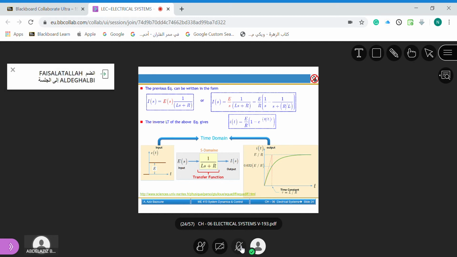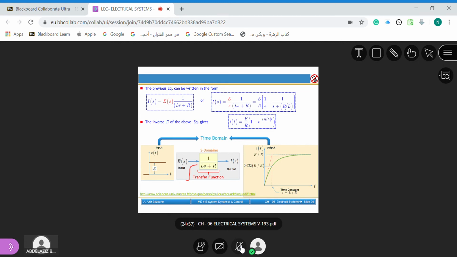So we should see this in the characteristic polynomial, inductor and resistor, L and R. Some students get confused and put I or V inside the transfer function. No, never. The transfer function contains only physical quantities, for example, for our system here, an inductor and resistor.